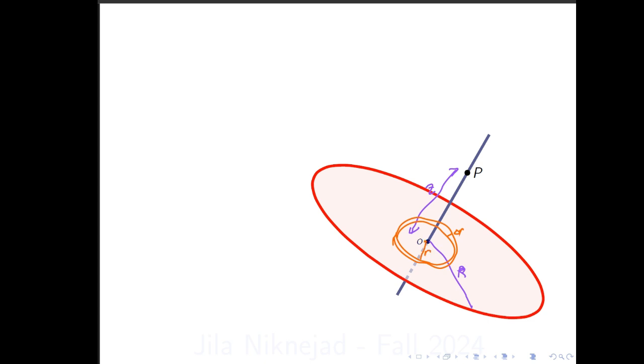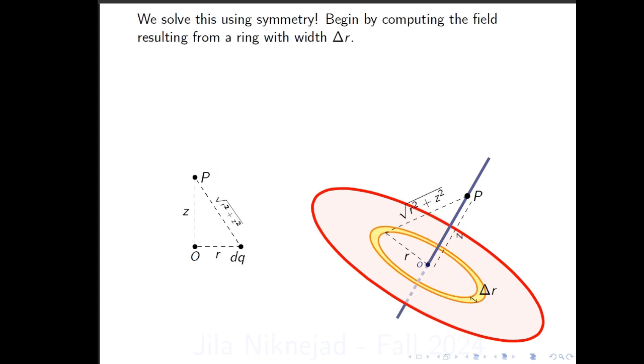Now, the center of the disk has a distance little r from any point on the ring. If we put an infinitesimal little charge on the disk, it's going to be at distance r from the center, and the center has the distance z from P. So the distance between any infinitesimal charge, you can call it dq or delta q, and the point P is going to be the square root of little r squared plus z squared.